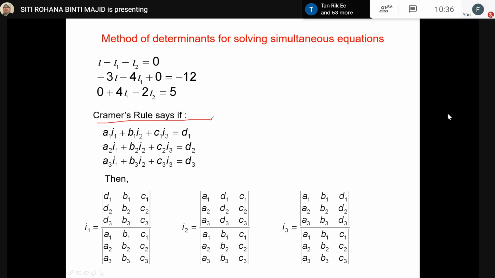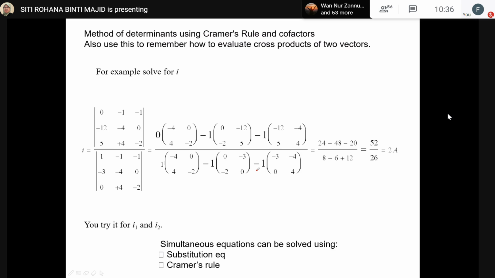This one is the general equation for Cramer's rule. If you have three unknown parameters, you should recall how to evaluate the cross product of two vectors.